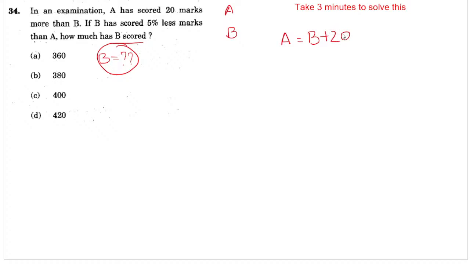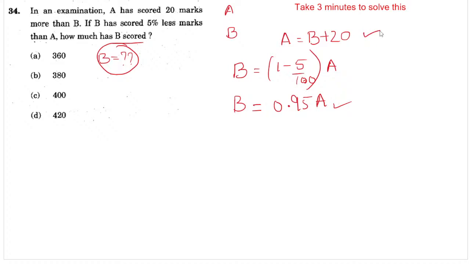This is the marks of A. And they are saying that B has scored 5% less marks than A. So that is 1 minus 5 by 100 times A. This is equal to 0.95A. So if B is equal to 0.95A and A is equal to B plus 20, what is the value of B?